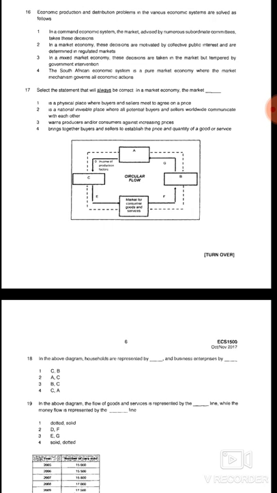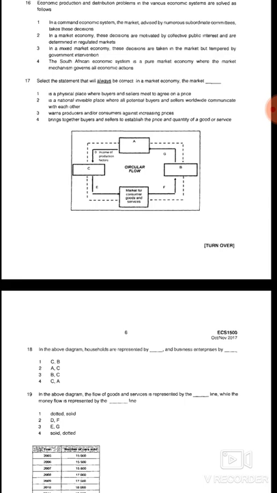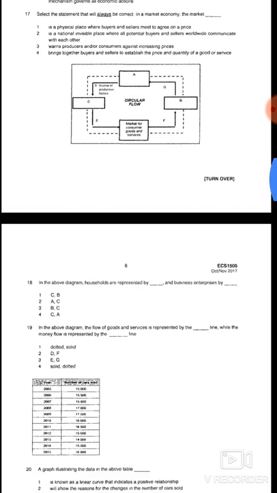Let's check option 2. It's a national invisible place where potential buyers and sellers worldwide meet with each other. Let's check number 3. Warns producers and for increasing. Let's check number 4. Brings together the buyers and sellers to establish the price and the quantity of goods. So it's option number 4. Question 17, it's option 4.